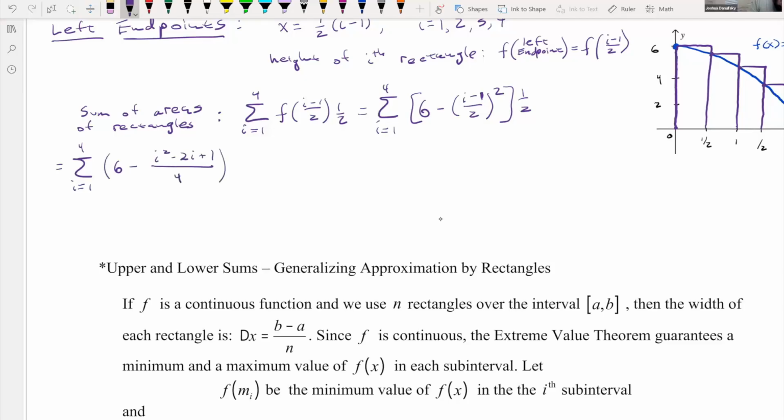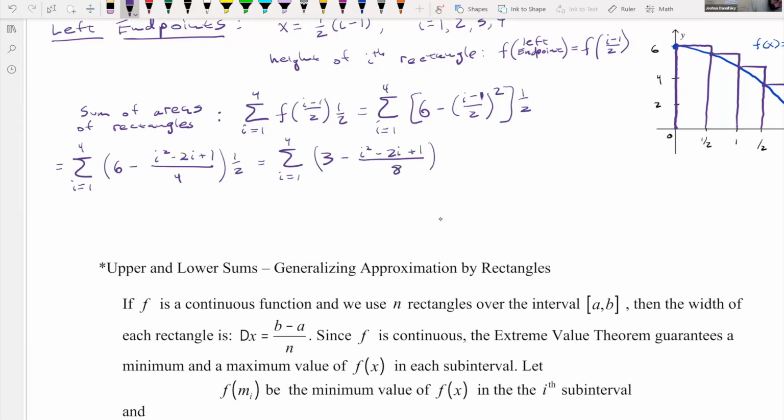And all of that is being multiplied by 1/2. So here we have the sum i equals 1 to 4. If I distribute the 1/2, I'll have a 3 here minus (i squared minus 2i plus 1) over 8.